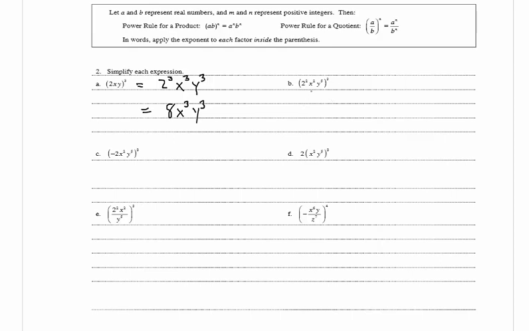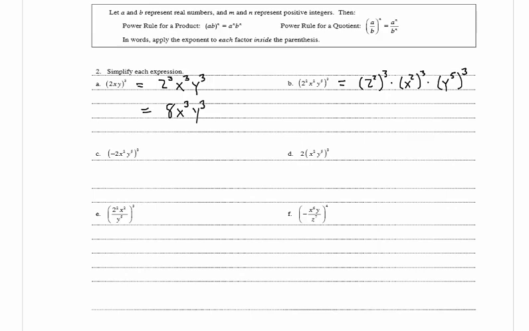In B, we have 2 squared times x squared times y to the fifth, all cubed, and we could write that as 2 squared cubed times x squared cubed times y to the fifth cubed.